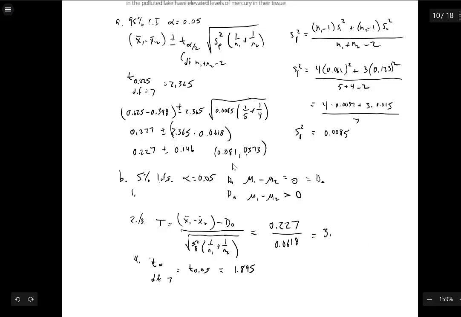So our rejection range, so that's the critical value, the 1.895, means our rejection interval or range is going to be 1.895 out to infinity. So that's where I am. So now if we compare that, the 3.67 is in the rejection interval.